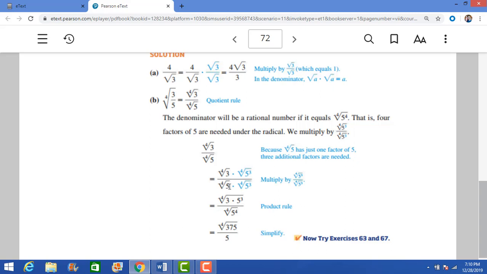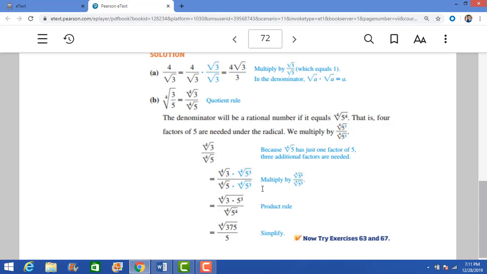If we multiply the top and the bottom by just the 4th root of 5, well, that's not going to get rid of the radical in the bottom. See what I mean? But if we combine these two, now we've got 5 to the 4th, and we're taking the 4th root. So now it's going to cancel, and we get 5 in the bottom.